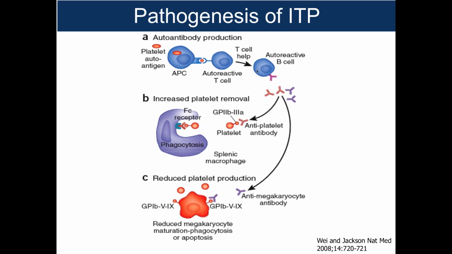And it's these autoreactive B cells that are producing the antibodies that interact with glycoproteins on the platelet surface and, as we've now come to understand, also with glycoproteins on the surface of the megakaryocytes. This will become an important fact as we begin to talk about some novel therapies for the treatment of patients with ITP.